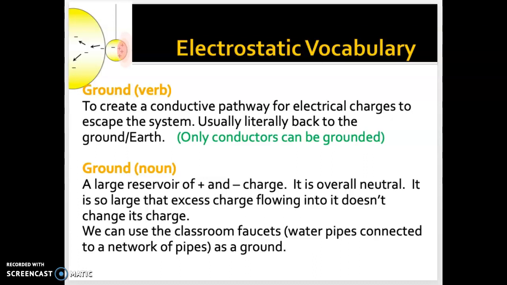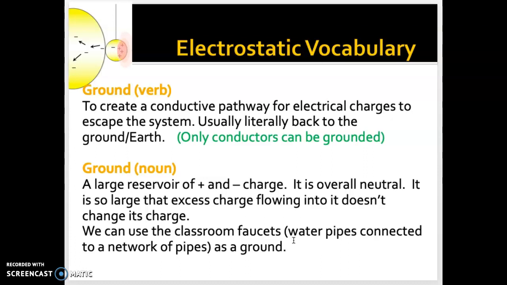Another vocabulary word, a ground. In the classroom, we would use the classroom faucets, just some big metal thing that you can touch and then extra charge will flow there. That's what a ground is. In your house, usually your electrical wires are connected to some water pipes or something to ground them.